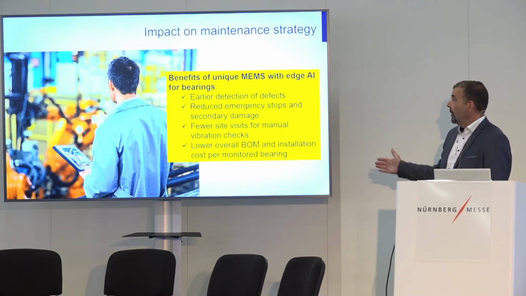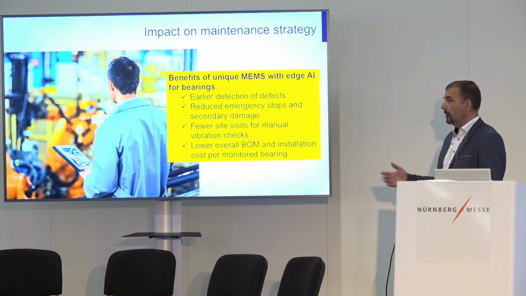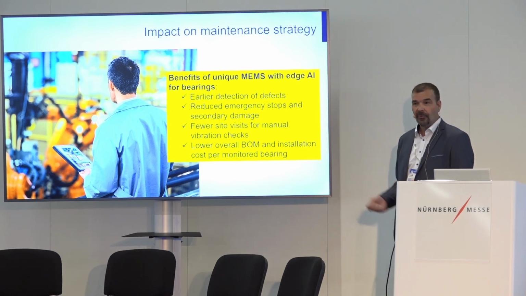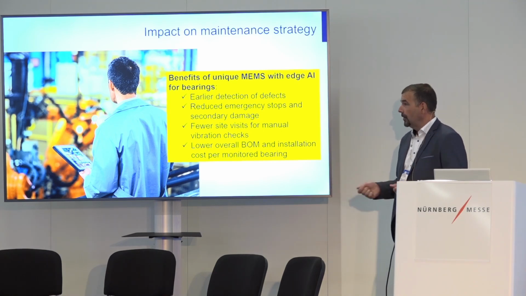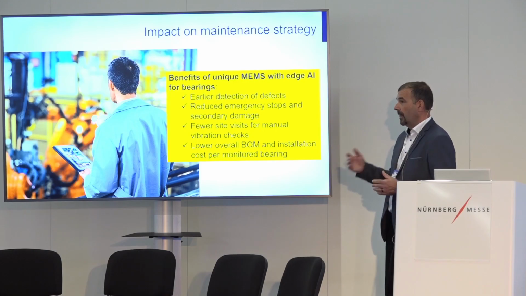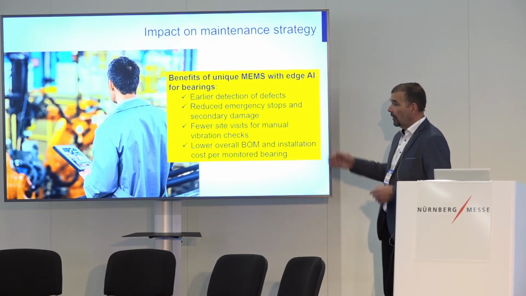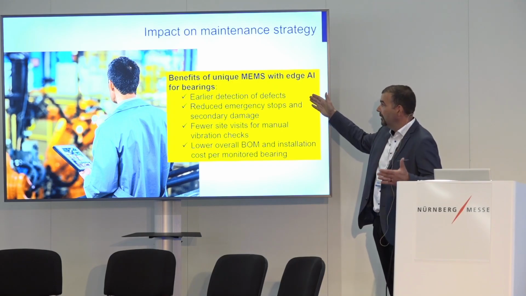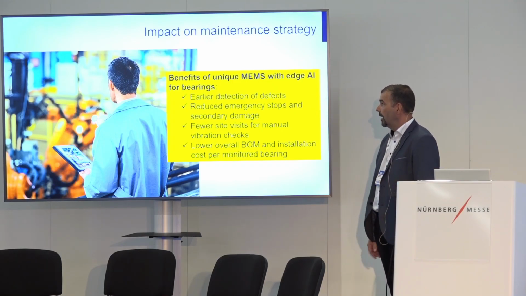Impact on the maintenance strategy. Typically, when you are checking the correct behavior of, for example, a motor, you should go with some inspection machine to check the motor from one day to another. What we are offering you is early detection, because we are integrating the sensor, for example, in the bearing.